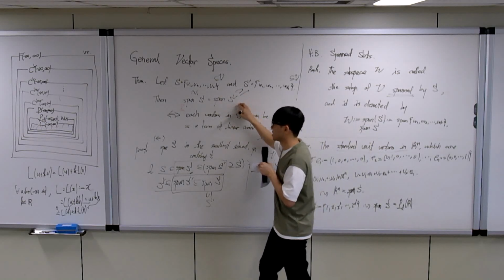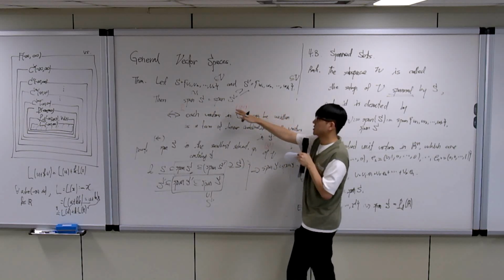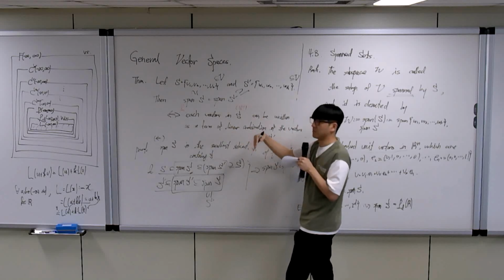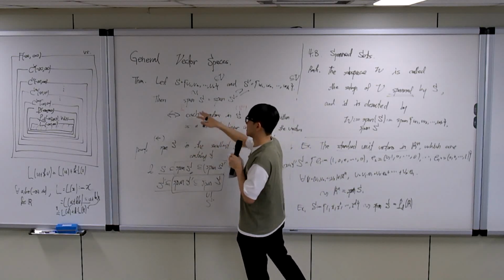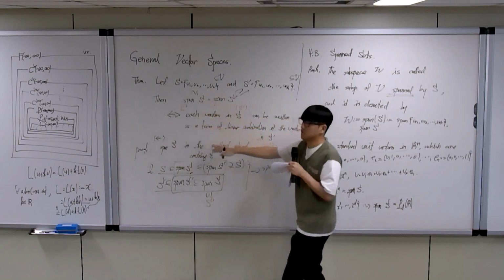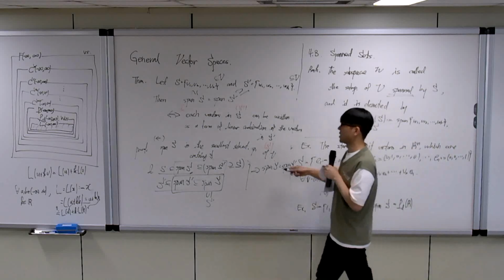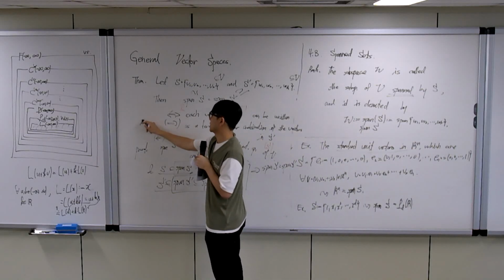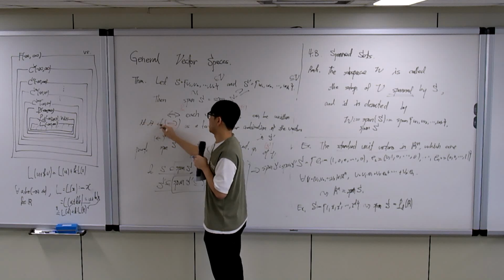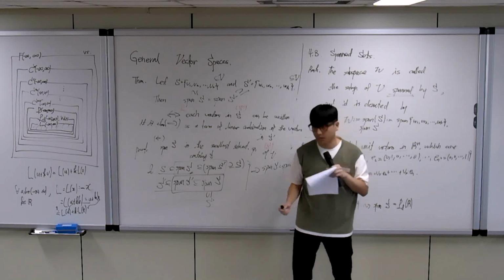And conversely, if you bring the elements in here, then they can be denoted as a linear combination of this space. So that means it is also clear. Okay, I will finish here.